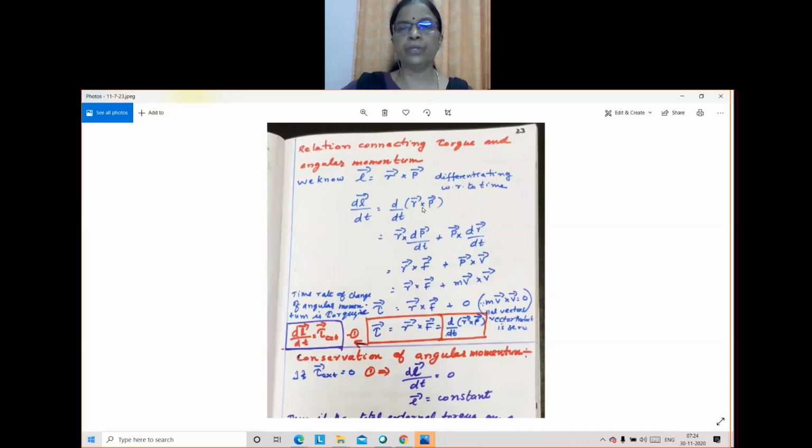If it is u into v, what will you write? u into the derivative of v plus v into the derivative of u. So we apply the formula: vector R into the derivative of the second, d by dt of P, plus the second, vector P, into the derivative of the first, dR by dt.